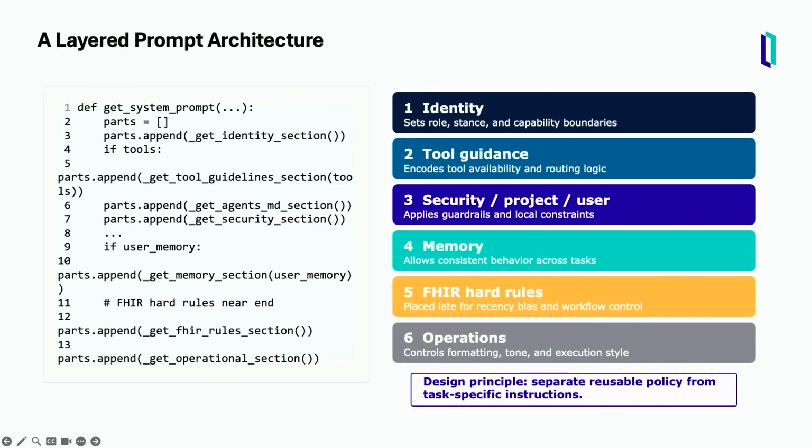So I would emphasize again that good prompt design should follow a layered architecture. Not all instructions belong at the same conceptual level. The identity tells the model what role it's playing. Tool guidance tells it how to think about available actions. Security and project instructions constrain behavior. And FHIR-specific rules are inserted near the end so they are close to the final decoding context.